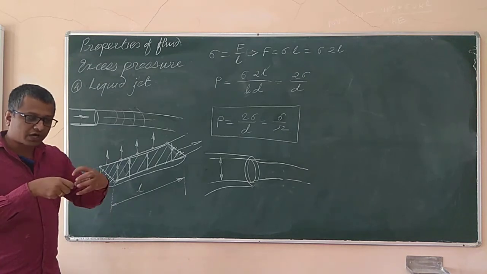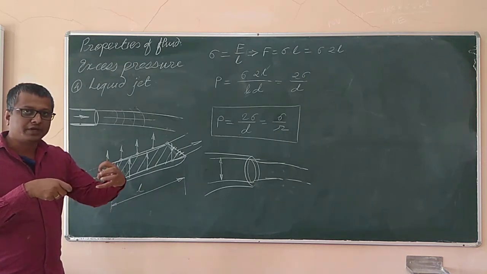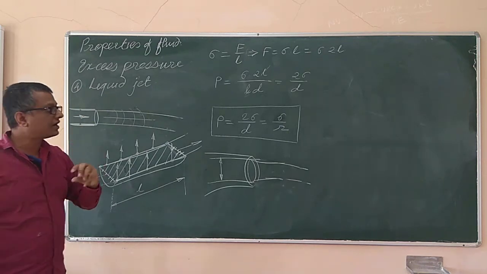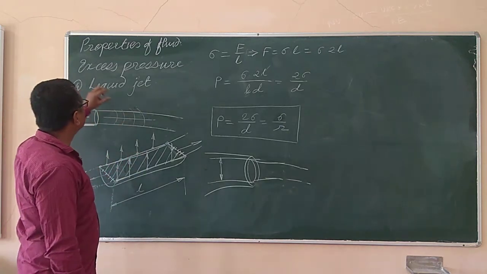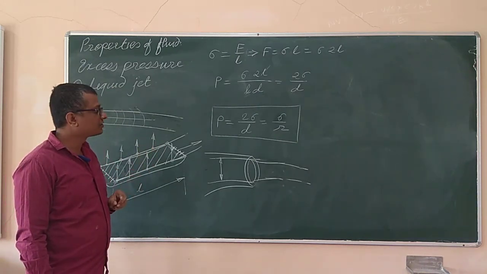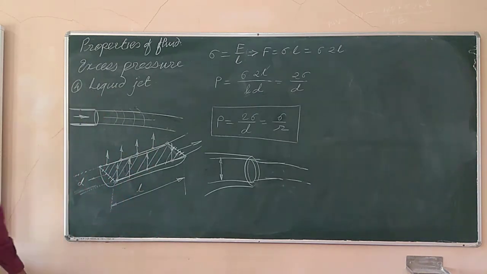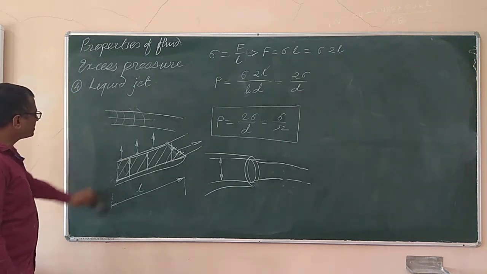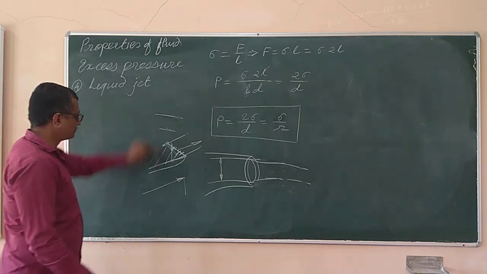The moment the water jet comes out of the pipe, it shrinks a little bit in diameter. That physical phenomenon is taking place due to the concept of surface tension, right? And like that, there are a lot of examples in day-to-day life. The only thing which is necessary is keen observation.